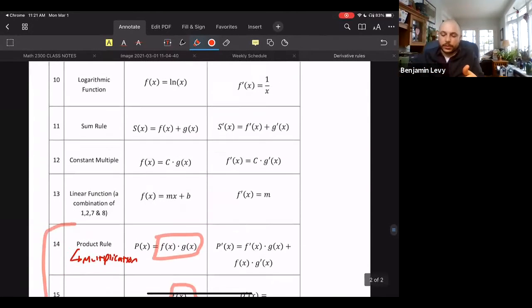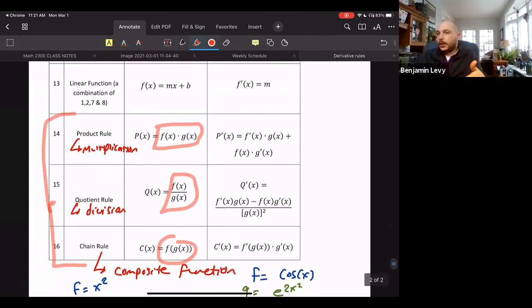So 1 through 13, for the most part, are the simple ones, and then they get combined in the more complicated ones. But it really just boils down to the simpler rules. I know it looks complicated, but we're taking something complicated and reducing it to simpler rules, is one way to think about it. Okay, so I just wanted to get us back on track there.